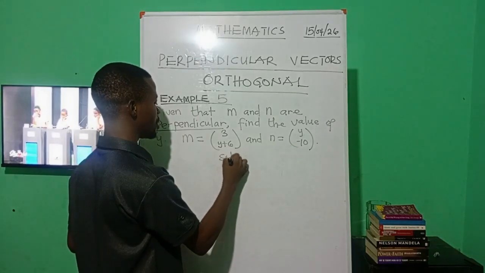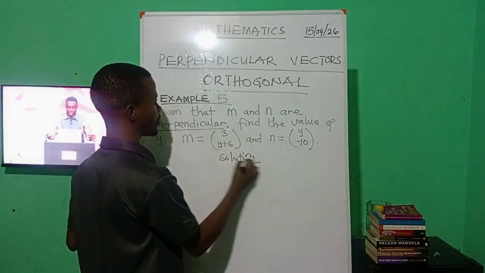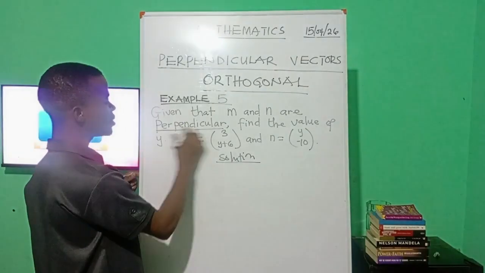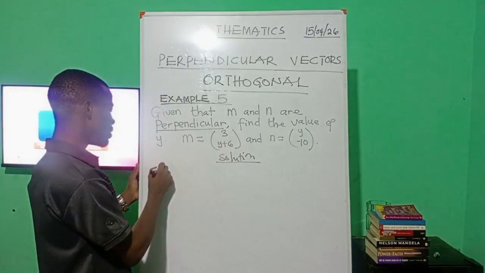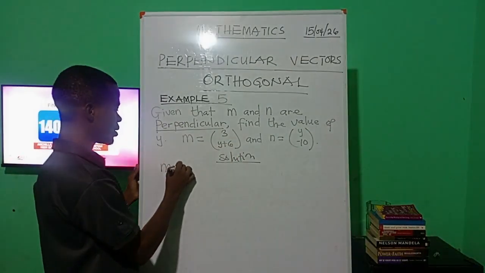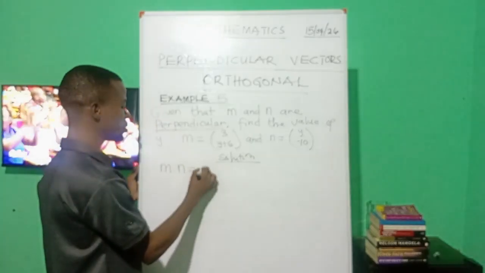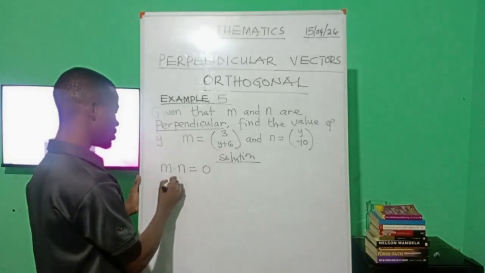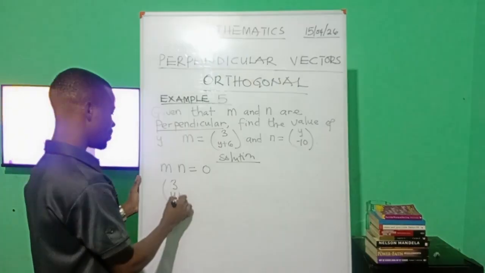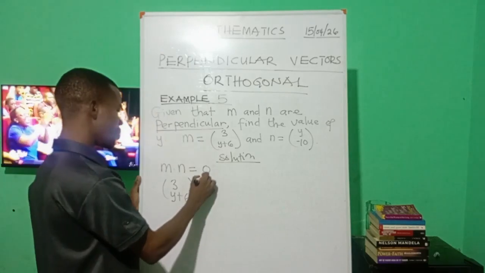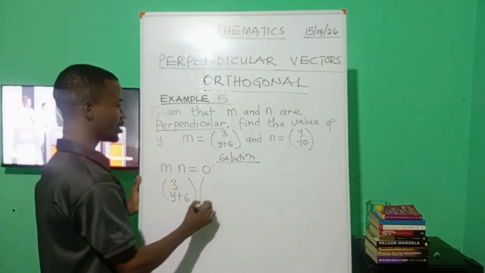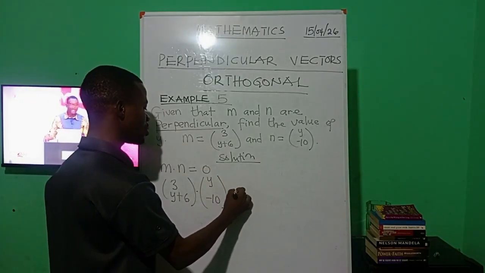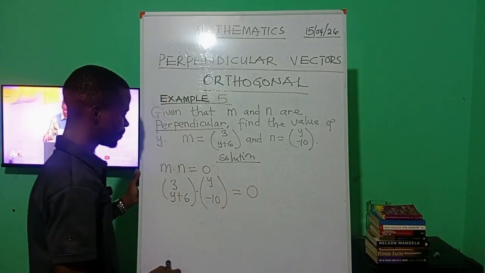Our solution. Okay, so what do we do? Because they are perpendicular, we know that their dot product will be equal to 0. So our m, which is 3, y plus 6, multiplying n, which is y, negative 10, should give us 0.